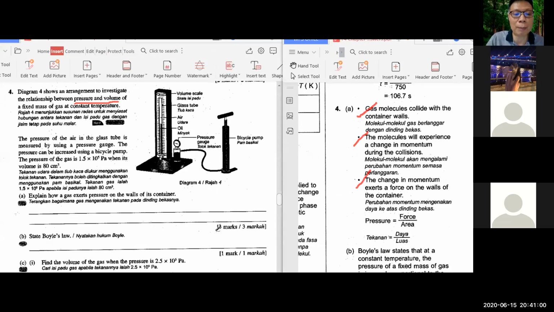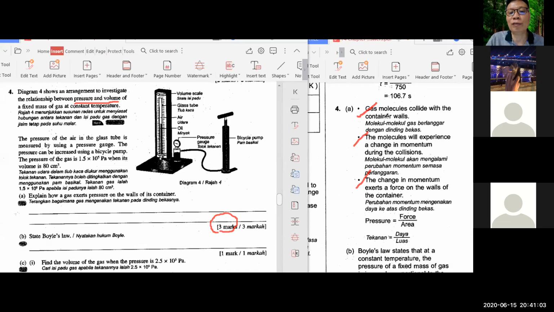First one is gas molecules collide with the wall of the container. You write this, you get 1 mark, right? Second point, the molecule will experience a change in momentum during the collision, because the gas molecule collides with the wall, then bounces back. So you have forward momentum, backward momentum, right?